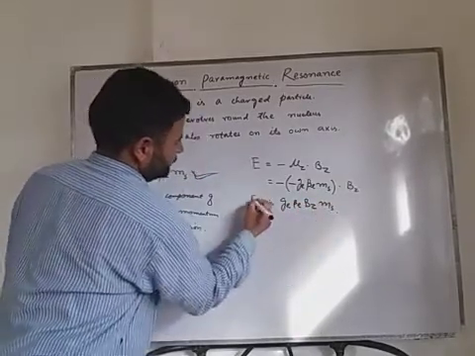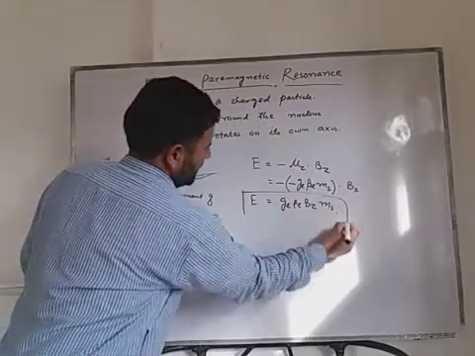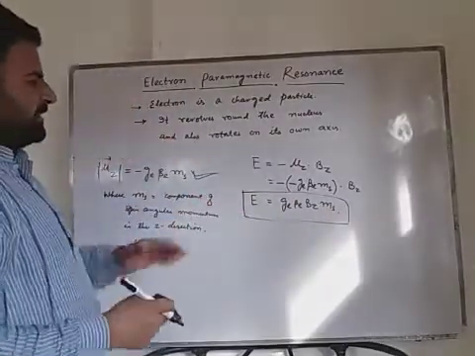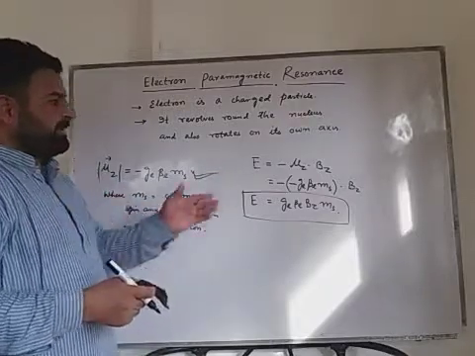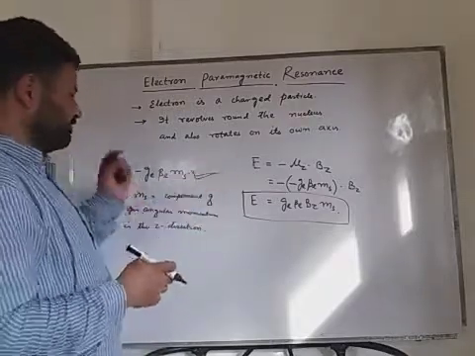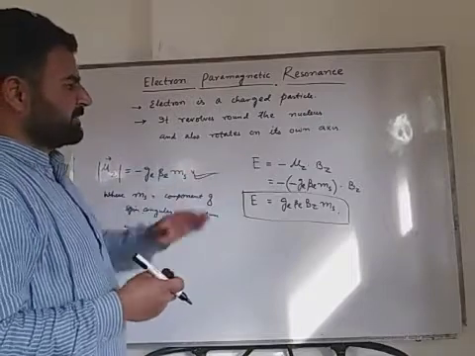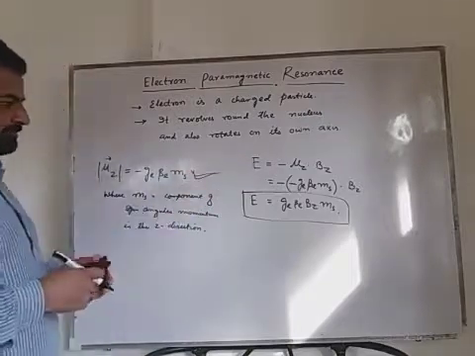So this will be the interaction between the two magnetic moments, the magnetic moment produced by the electron and the magnetic moment produced by the external magnetic field.